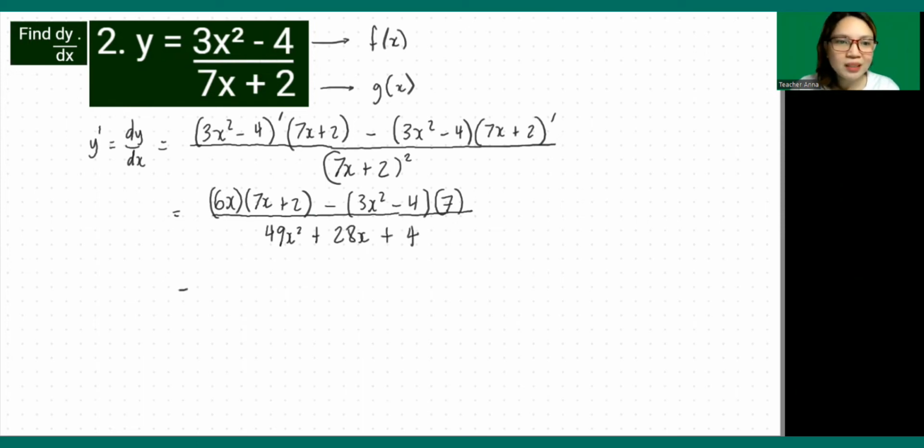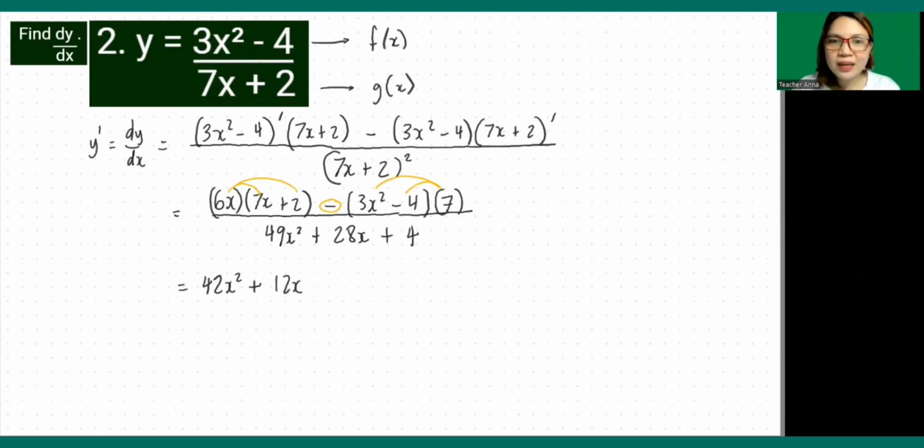Then simplifying this further, of course, as you can see, we'll apply multiplication here. Then here we have to distribute the 7 and take note of the minus sign. Okay, so we have 42x squared plus 12x.